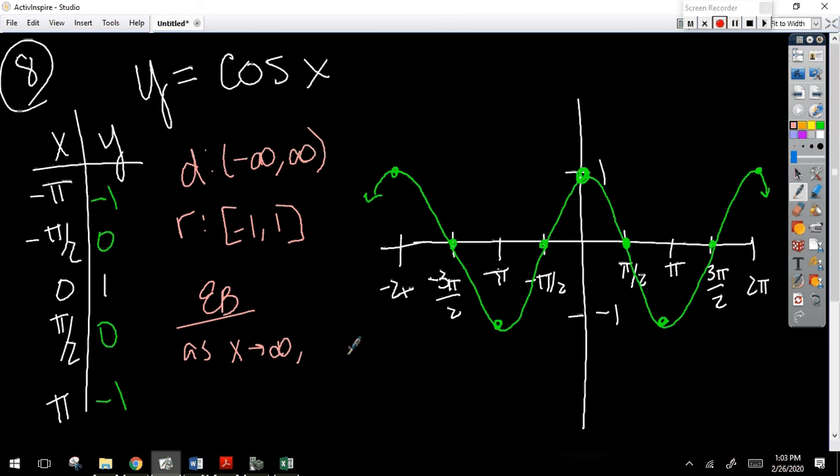How about the end behavior? As x approaches positive infinity, what does y do? It oscillates, and it oscillates between what two values, Alex? -1 and +1.